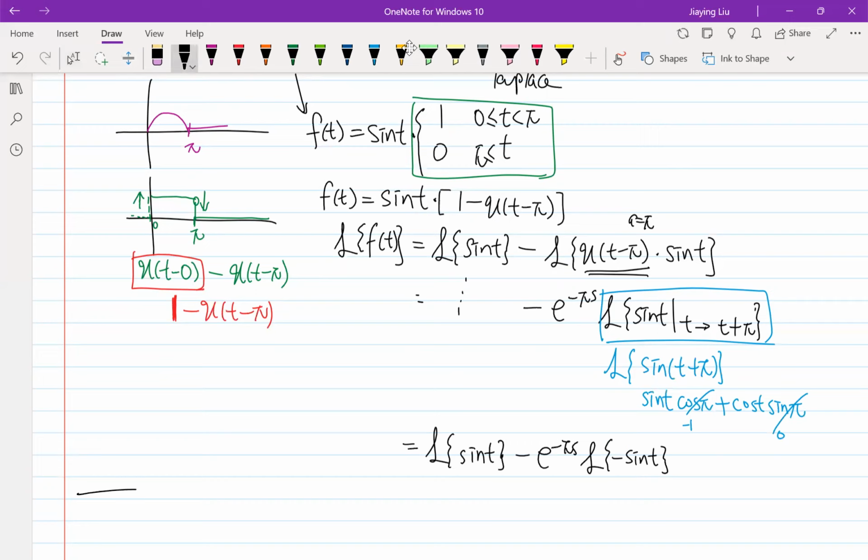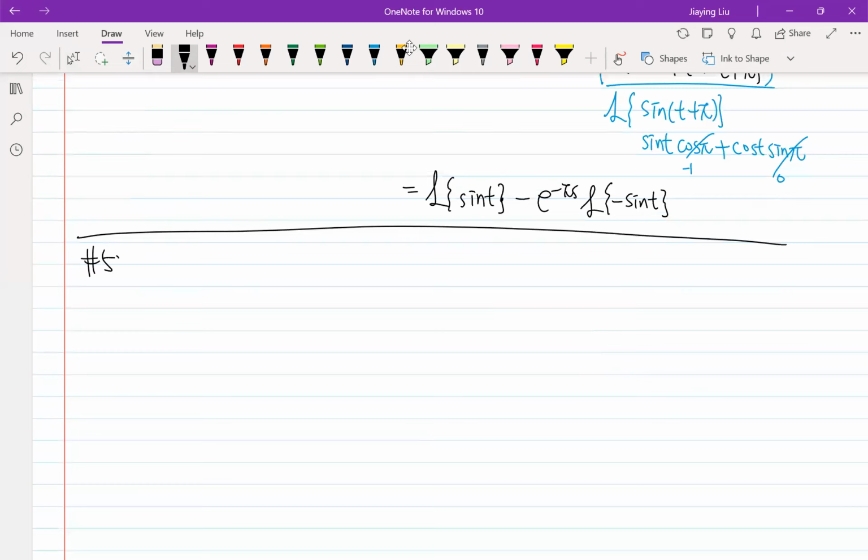In the given time, we're almost done here. I want to mention number 5 here, which is to solve the initial value problem y double prime plus 4y prime plus 5y equals delta function of t minus 2 pi.